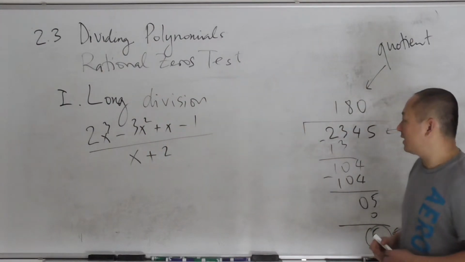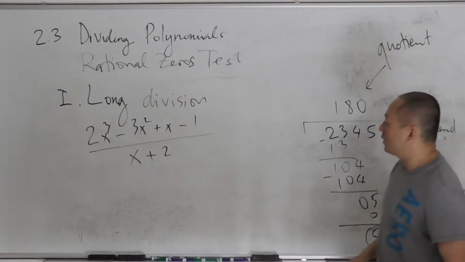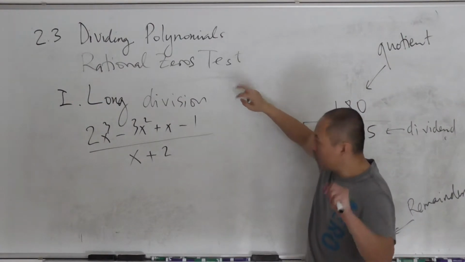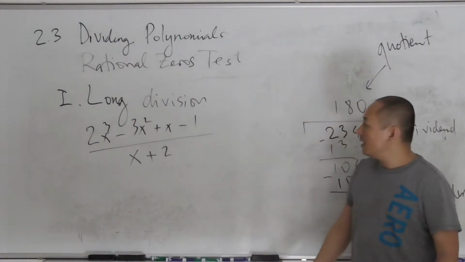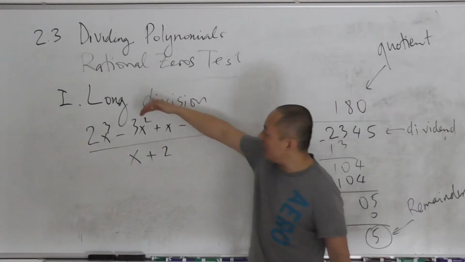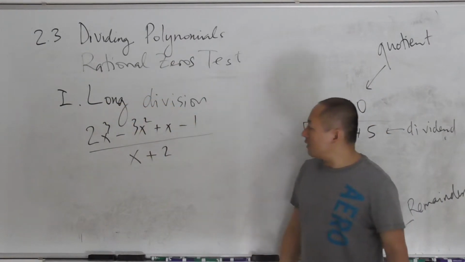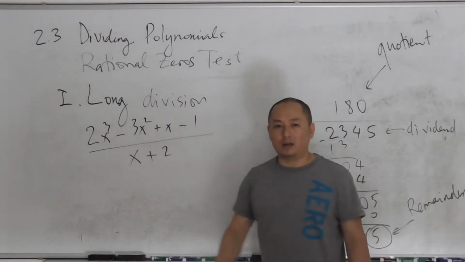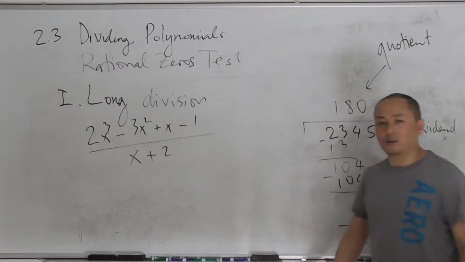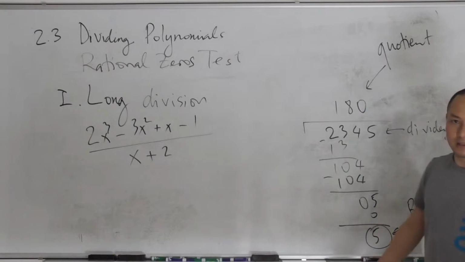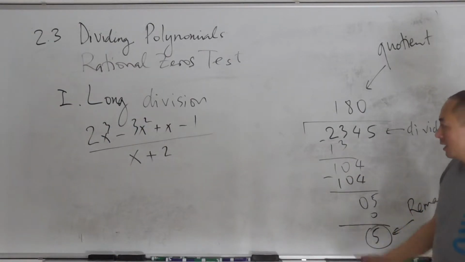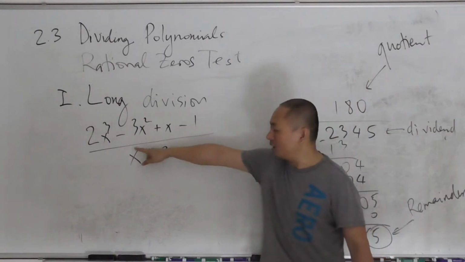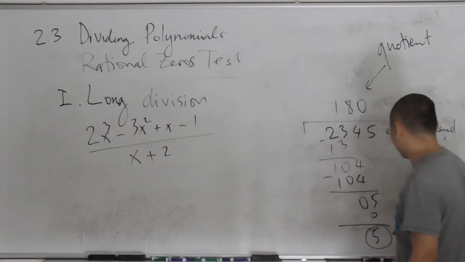Similar to numbers, in order to do long division, we need a bigger number divided by a smaller number. For polynomials, we need a bigger degree polynomial divided by a smaller, or at least equal degree, polynomial. We cannot take degree 3 divided by degree 4. You can have degree 3 divided by degree 1, degree 2, or even degree 3.